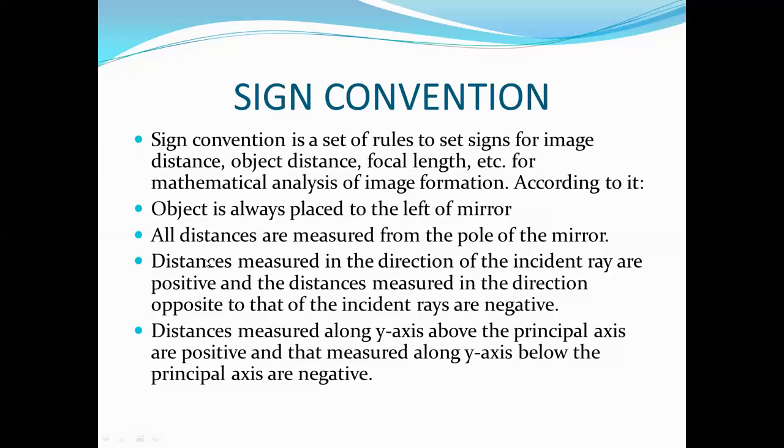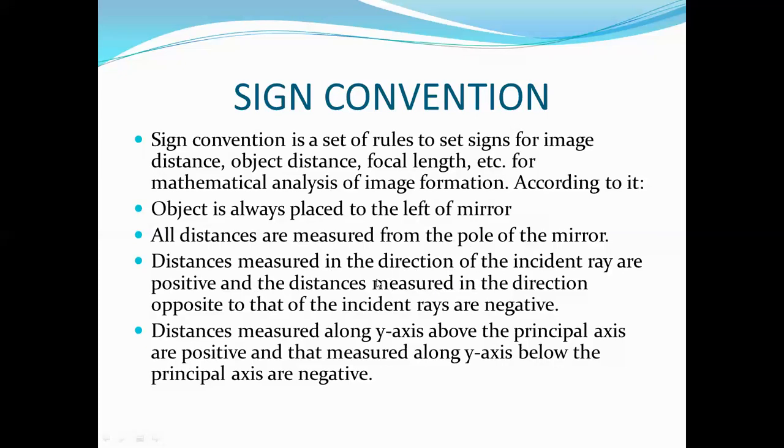For example, the rays are always coming in front of the mirror, and we always measure a distance starting from the pole. So if we start measuring the distance from the pole and go in the opposite direction of the incident ray, it is taken as negative.